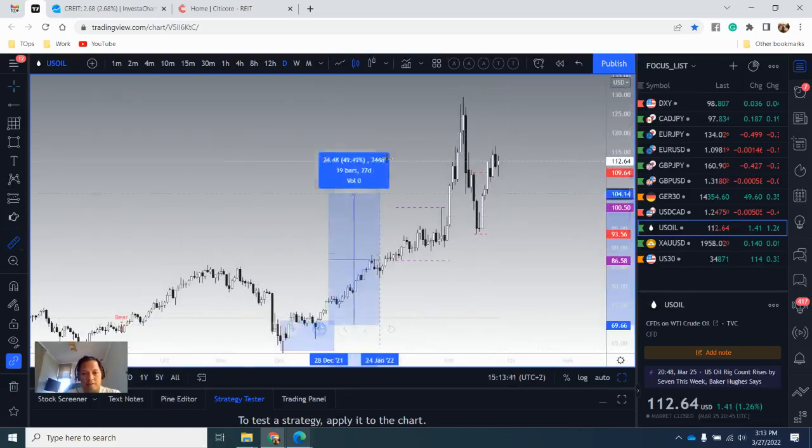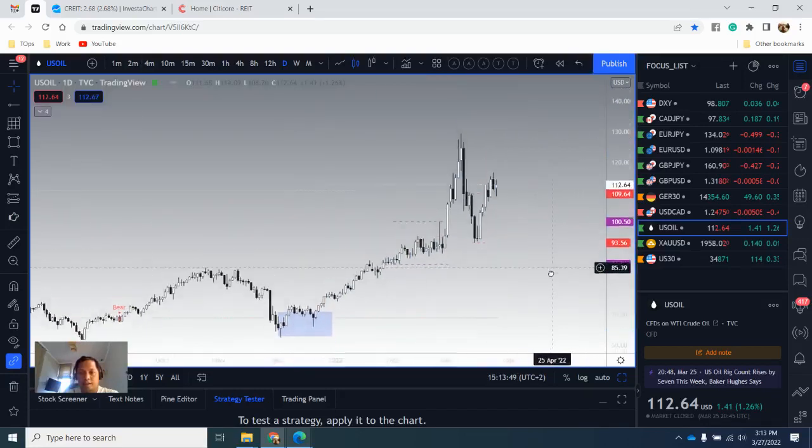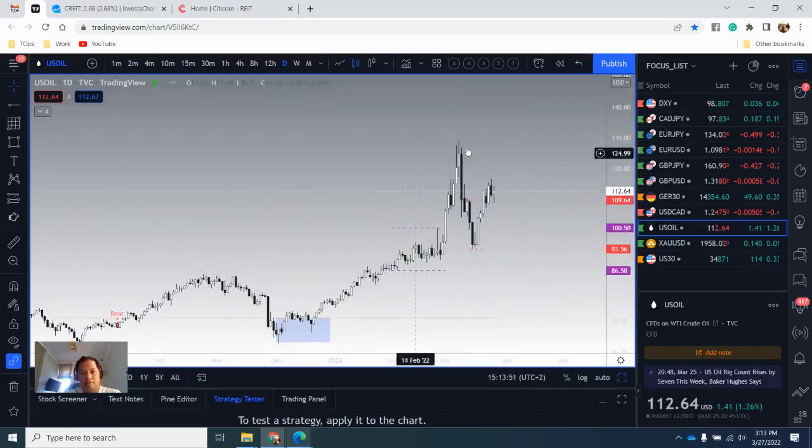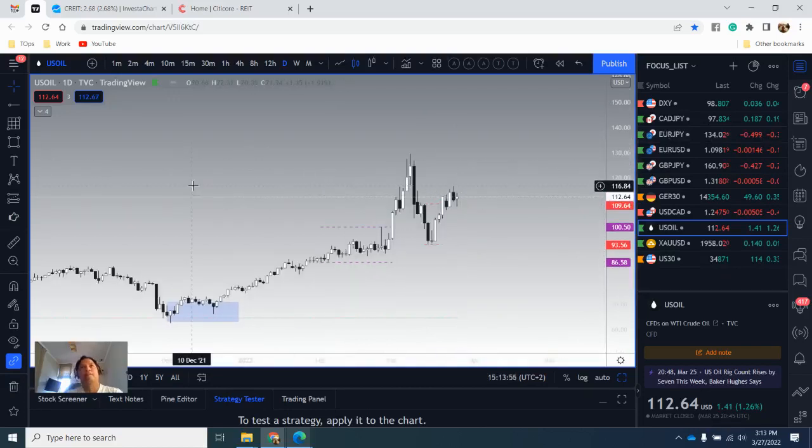Since December the oil price has already risen by 84%. That's really significantly high, and it is also expected that it will keep on rising, especially with the conflict happening between Russia and Ukraine.